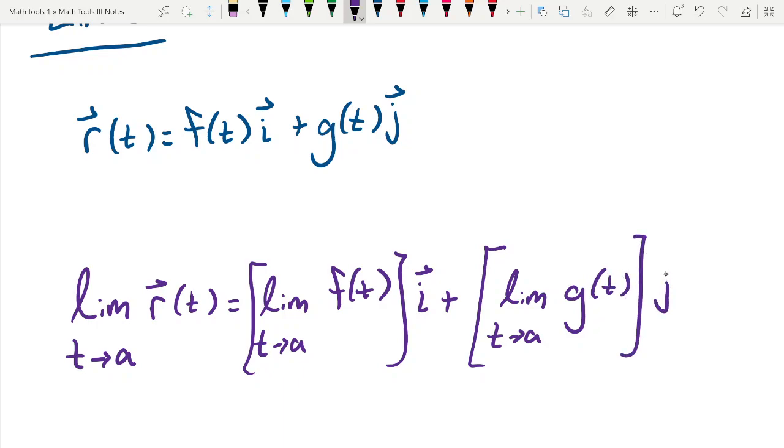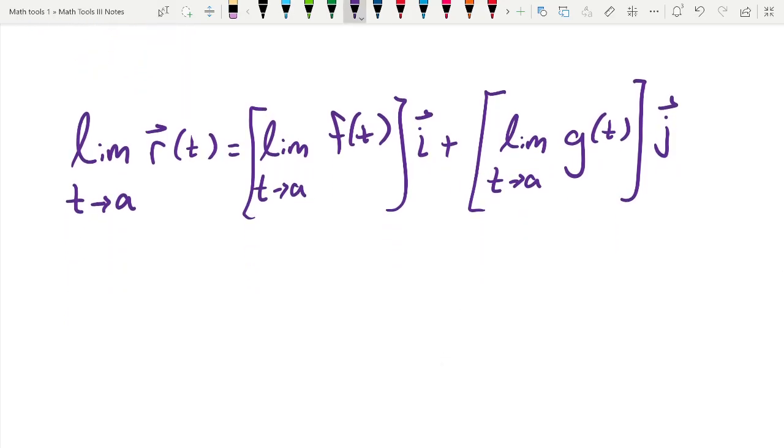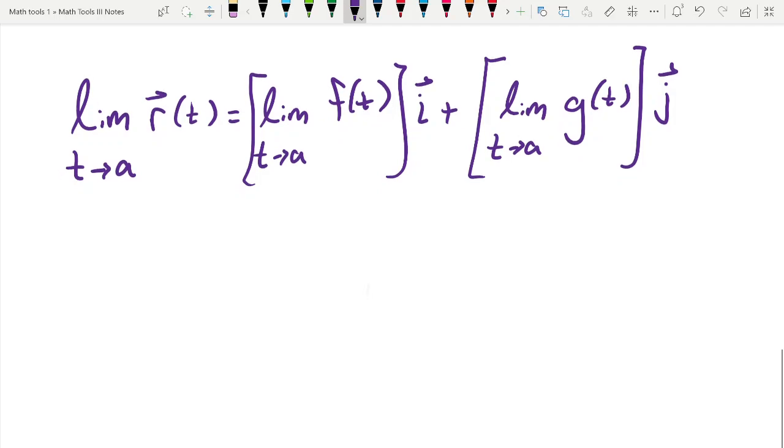So it basically works exactly like we would expect, based on the fact that you can take the limit of sums individually. We've seen that before. Here we're just breaking it up over the sum. The vector parts just don't get in the way of that.